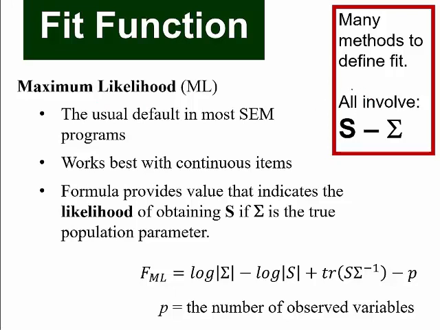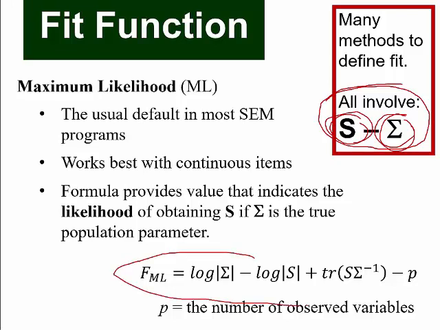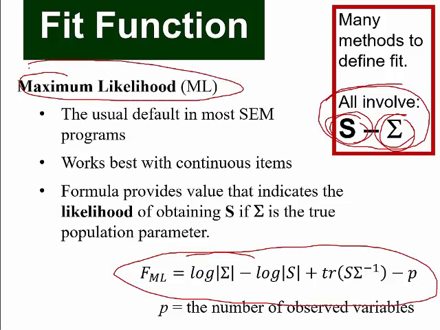But all fit functions, all estimators, in one way or another give us some measure of the size of difference between S, our sample variance-covariance matrix, and sigma, our reconstructed one. This formula for maximum likelihood is one approach to measuring that difference. And when you plug that formula in, you get the value that indicates the likelihood of obtaining S if sigma is the true population parameter.